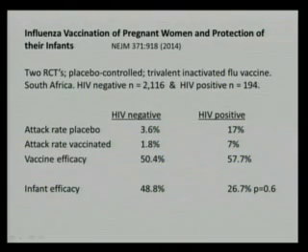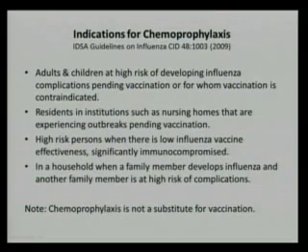In the HIV group, it was also effective in the women, 7% as opposed to 17%. But unfortunately, it wasn't as effective in their infants, the HIV positive mothers. So that was not statistically significant there. So this was new information, especially about infants of mothers.